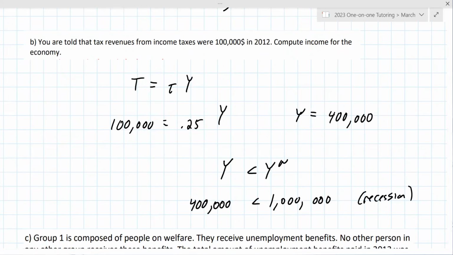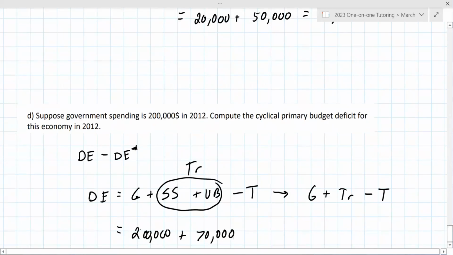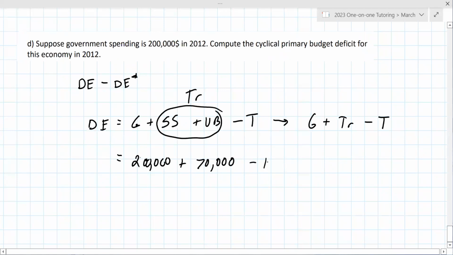I'm just going to double check those, but that's kind of where I'm seeing. Yes, that's correct. So that gives you 170,000 for DE.